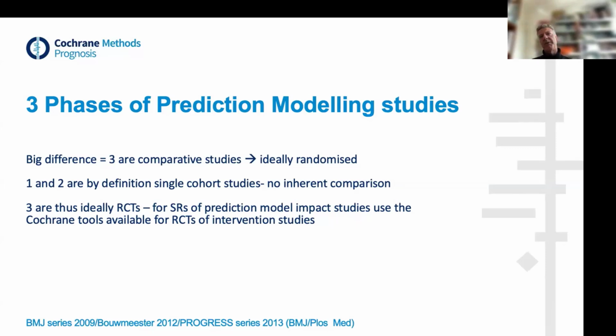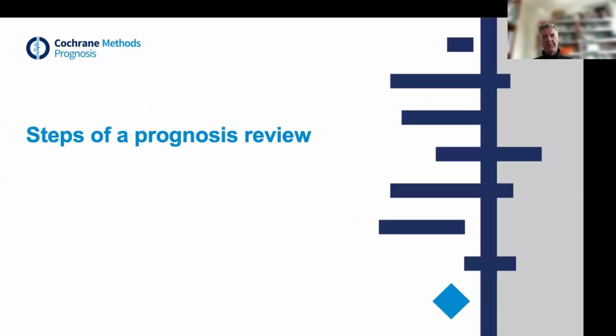For type 3 prognostic model studies, the comparative studies, we refer to the Cochrane Handbook of Intervention Studies. We stay away from that field because that's more a comparative randomized study than it is a prognostic model cohort study.